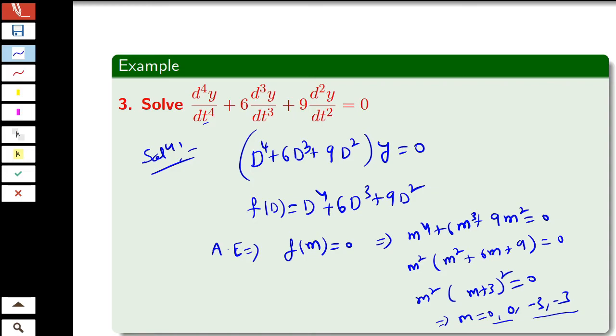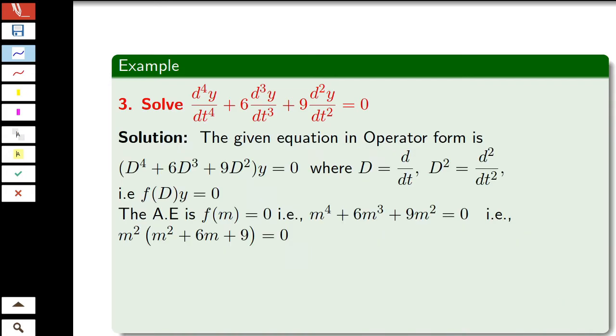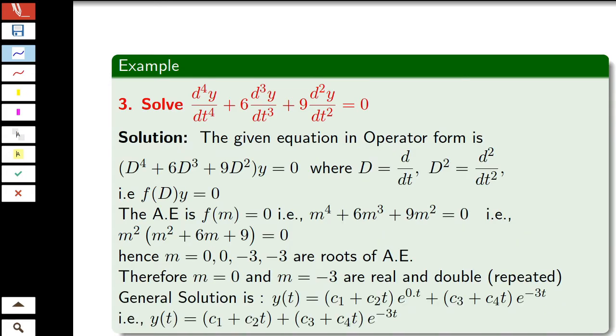So what is the CF? The complementary function implies e power 0t, you need to start with (C3 plus C4 t), and e power minus 3t is the solution. If you are interested, you can press the stop button and note down.